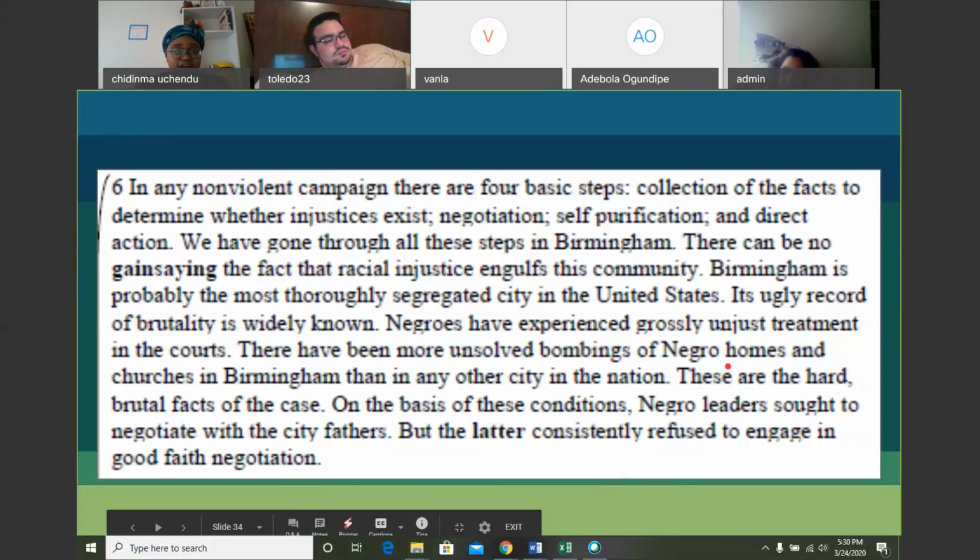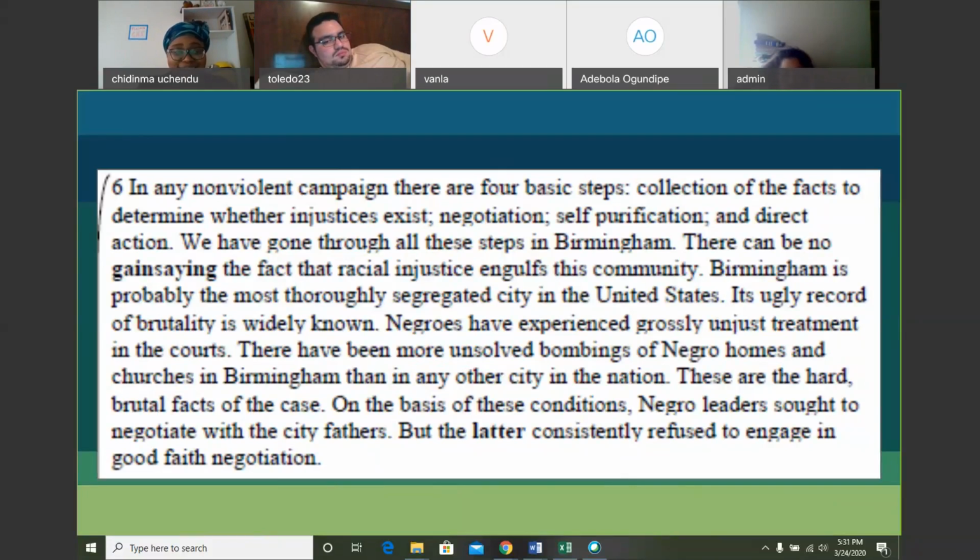Its ugly record of brutality is widely known. Negroes have experienced grossly unjust treatment in the courts. There have been more unsolved bombings of Negro homes and churches in Birmingham than in any other city in the nation.